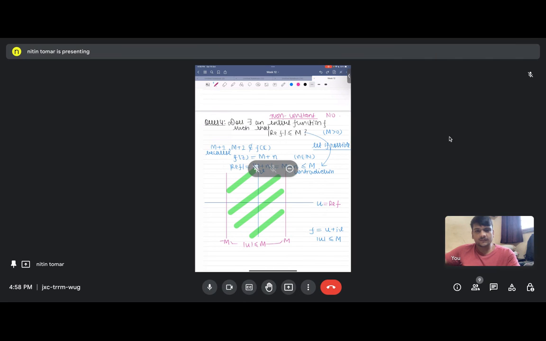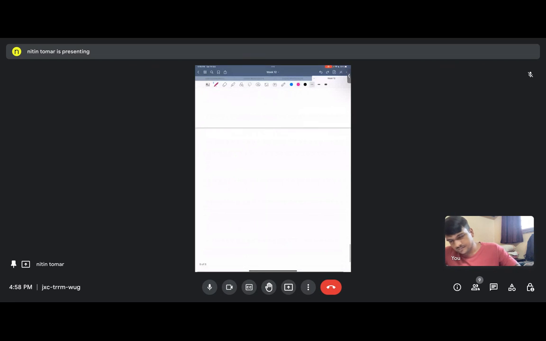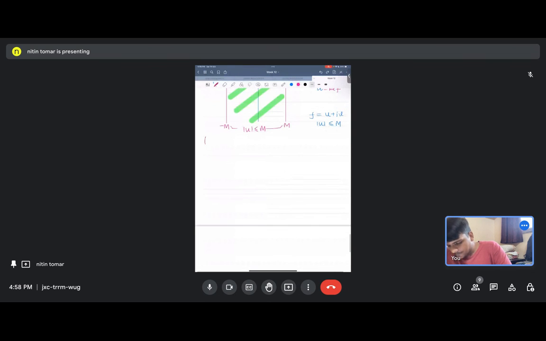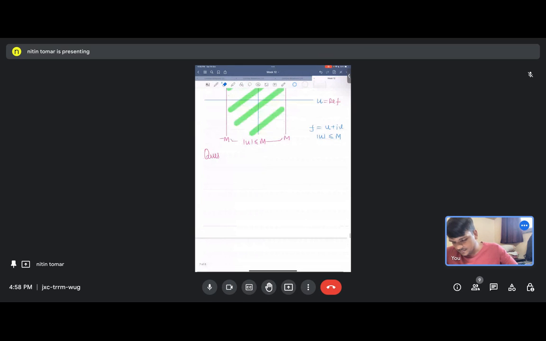Sir, I have also one doubt. Darshana, yes. Sir, f and g are entire functions such that e raised to f z plus e raised to g z is equal to 1. Just let me write it. Can you tell me the question number?